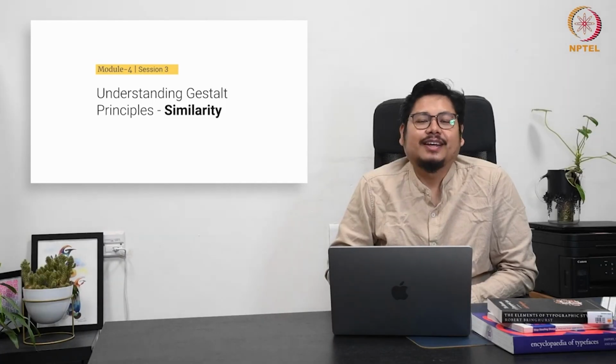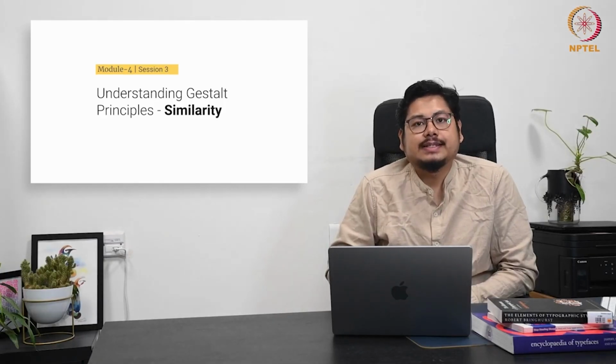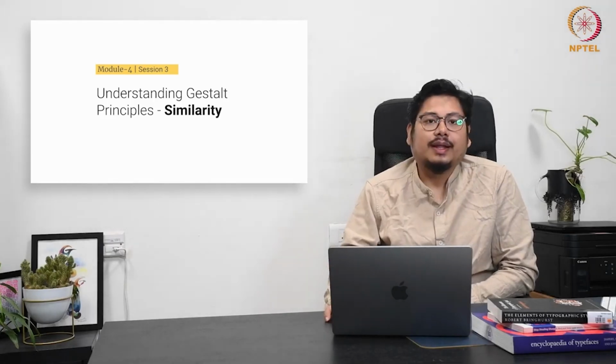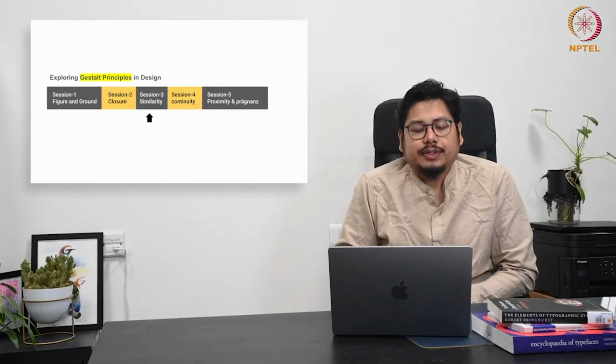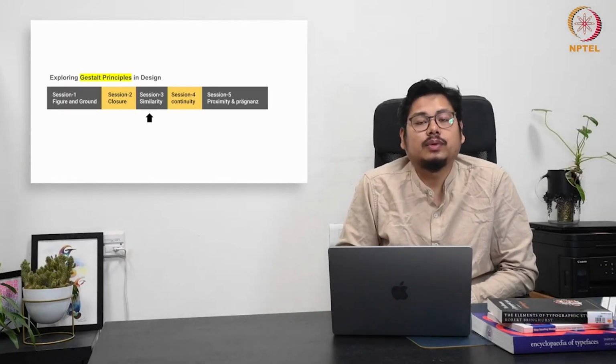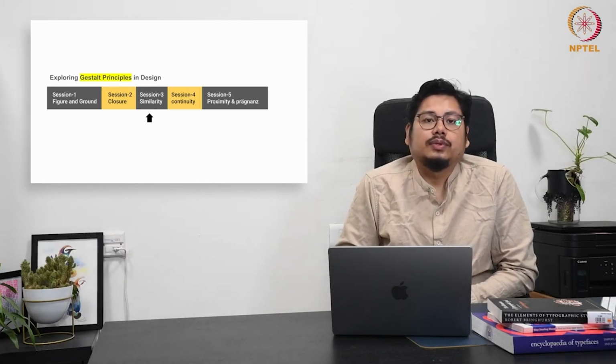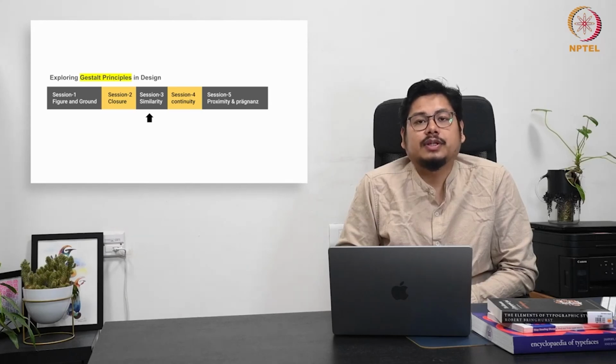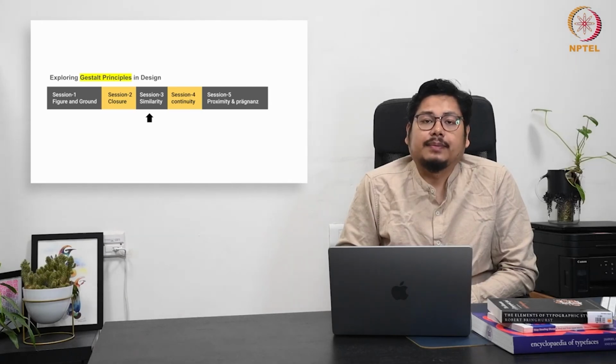Hello, everybody. Welcome to Module 4, Session 3, Understanding Gestalt's Principles: Similarity. Let's dive in. In Session 2, we talked about closure and looked into different examples like logo compositions, and how closure plays an important role in achieving simplistic and meaningful design, which our brain can easily comprehend.